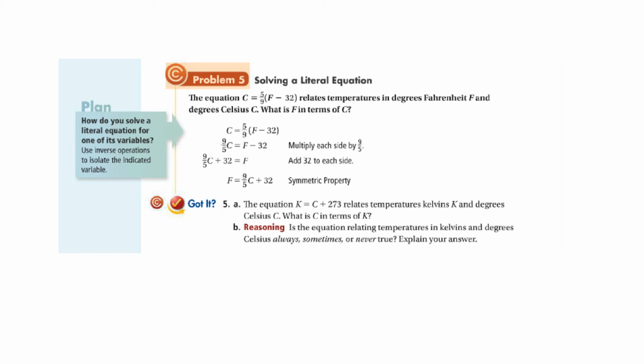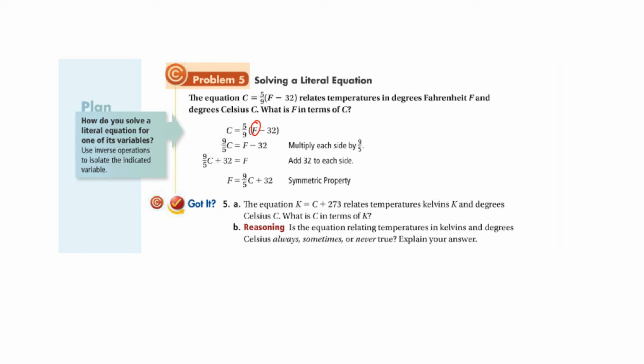So if we look at this example in problem 5, I have the equation for Celsius. Celsius equals 5/9 times the quantity of Fahrenheit minus 32. That shows the relationship between Fahrenheit degrees and Celsius. But they want me to solve it in terms of F. So they want me to get this F here by itself.